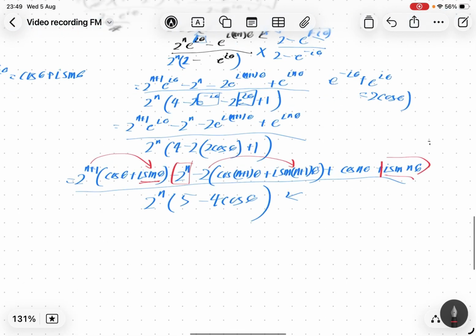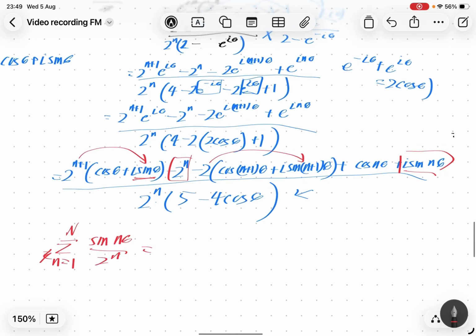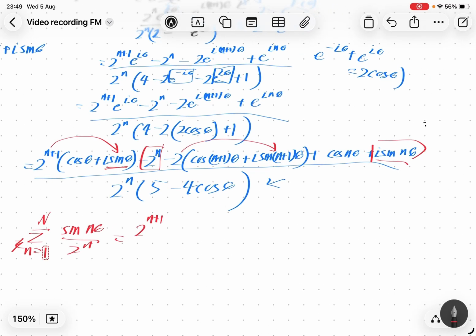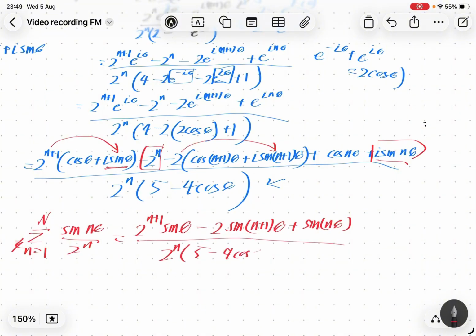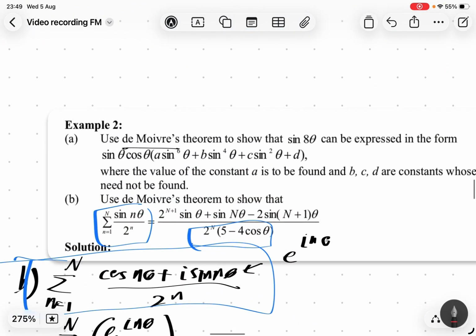So I will get the sum of sin nθ over 2n is just 2n plus 1 sin θ, negative 2 sin (n plus 1)θ plus sin nθ over 2n 5 minus 4 cos θ. Here you go.